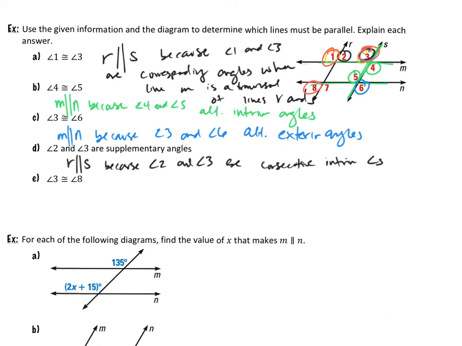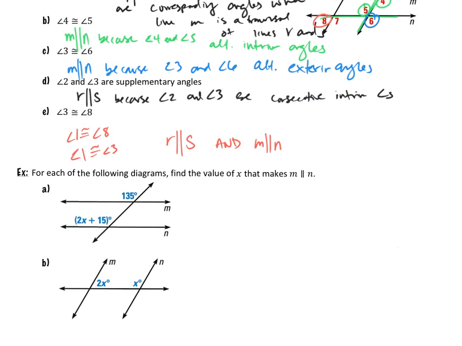So in order for 3 and 8 to be congruent, I know that 1 has to be congruent to 8, and I know that angle 1 has to be congruent to angle 3. And so by the transitive property of congruence, angle 3 can be congruent to angle 8, meaning that in this case, we have to have R parallel to S and M parallel to N in order to make the given statement true.